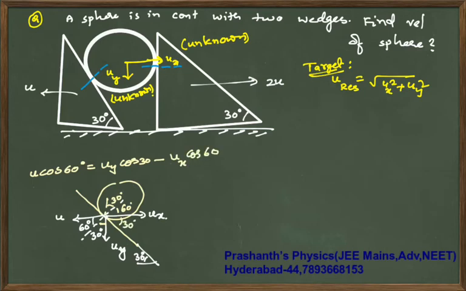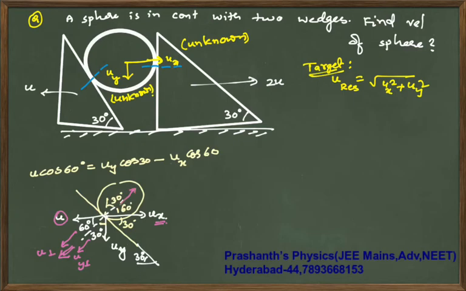I have put a minus sign because I am resolving it along this direction. In this direction u has a component this way, uy also has a component this way, but ux has a component in the opposite direction, so that is why I put a minus sign.